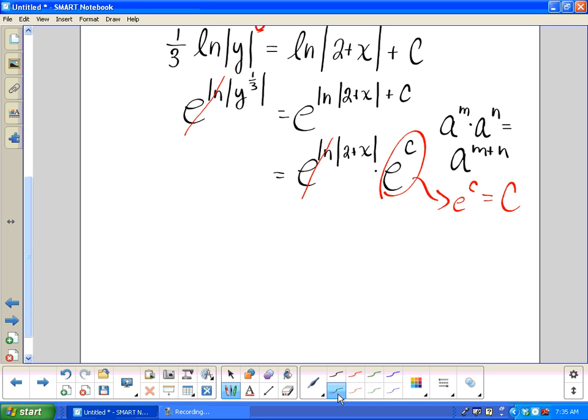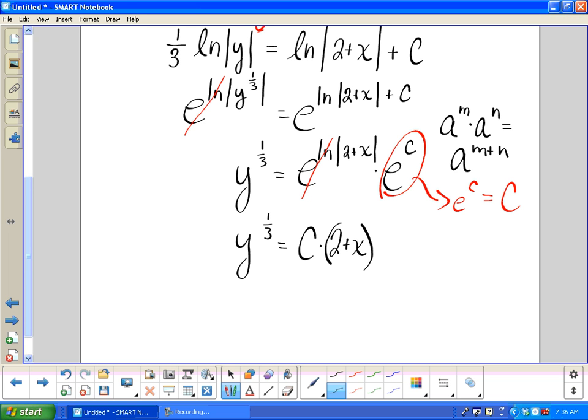So I have, this was y to the 1/3. So I'm going to have y to the 1/3 is equal to c times 2 plus x. Absolute value really doesn't matter now that the natural log is gone.